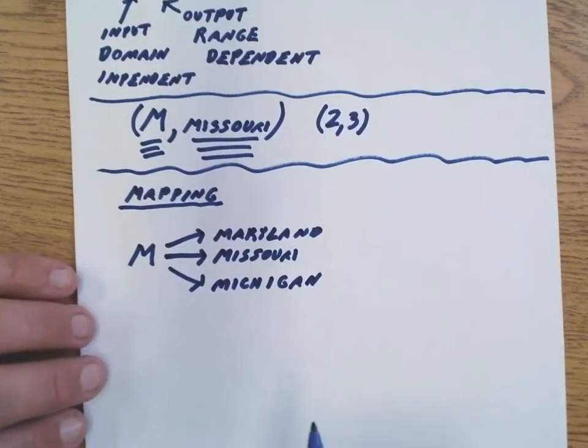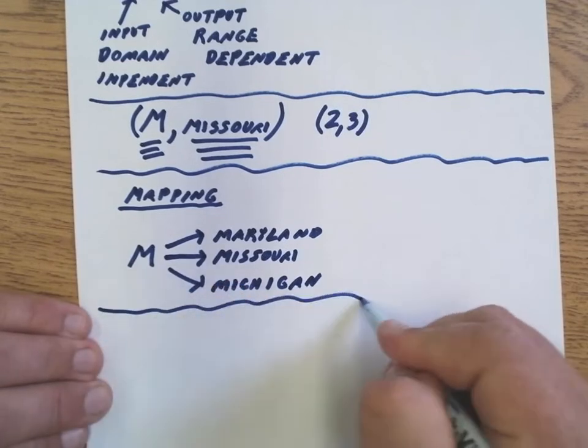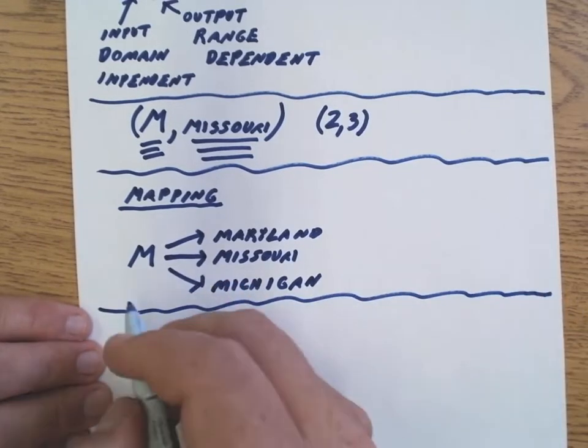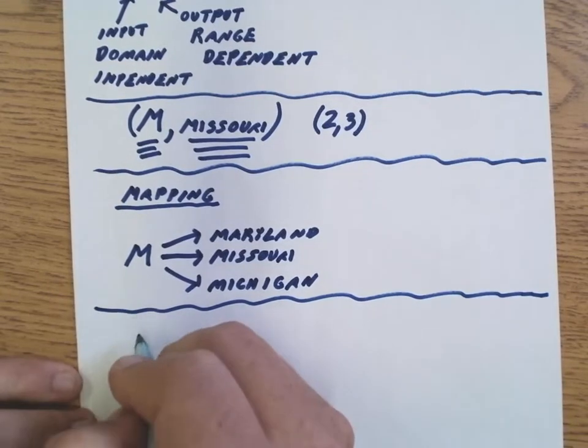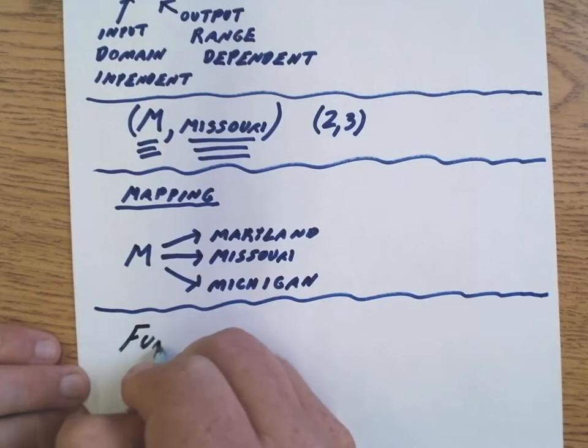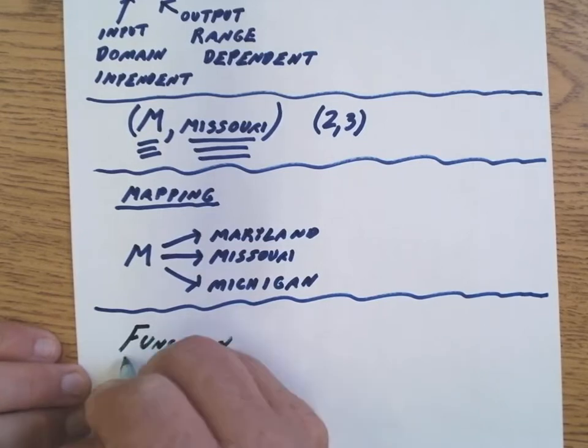So the specific kind of relation I want to talk to you about is the one we're going to deal with, and it happens to start with the letter F, and it's known as a function.